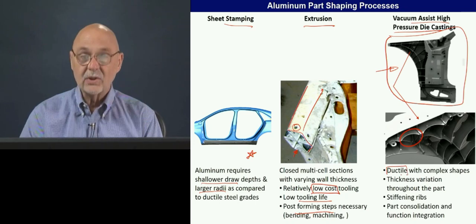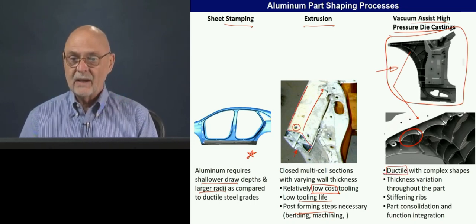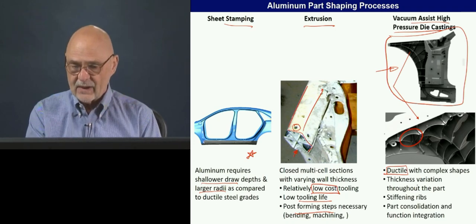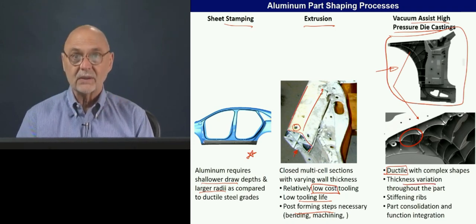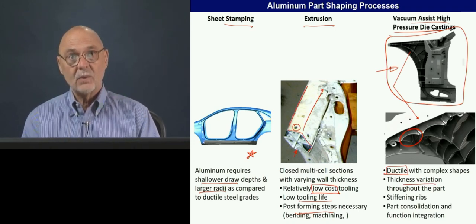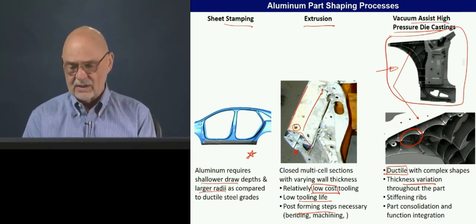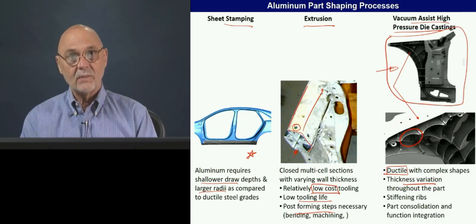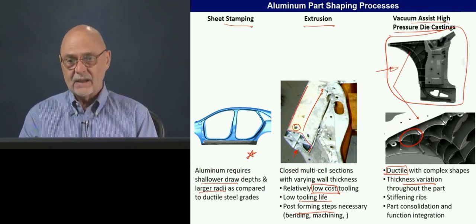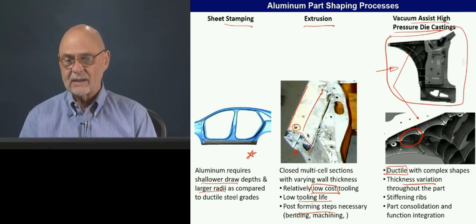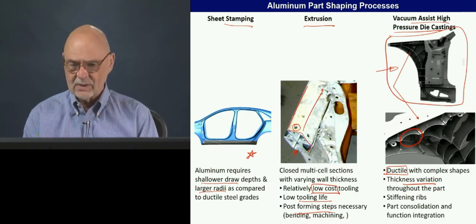We do still have pretty good ductility in these die castings. We can have thickness variation throughout the part. Unlike a stamping, where we go in with generally a single sheet of uniform thickness, we might have a tailor blank where we can get multiple thicknesses, but not too often.